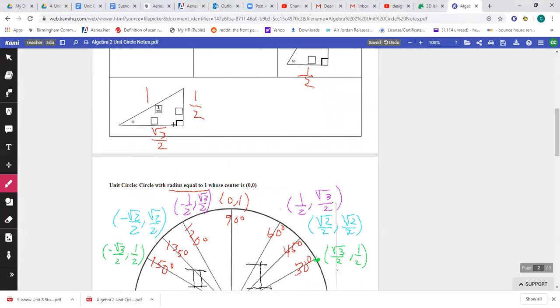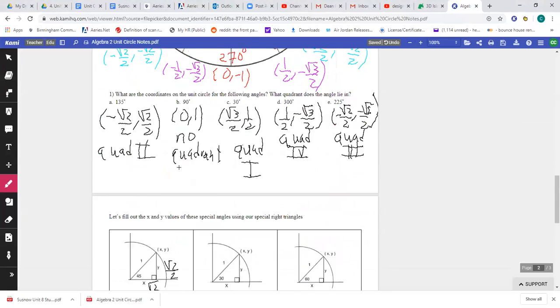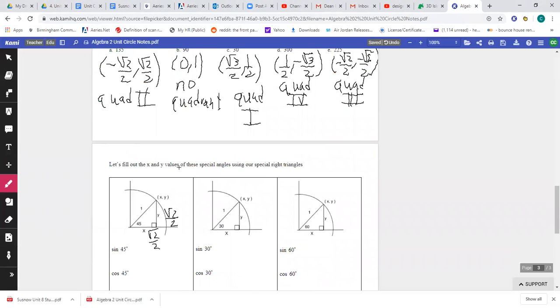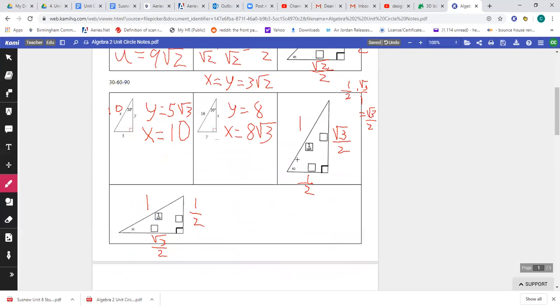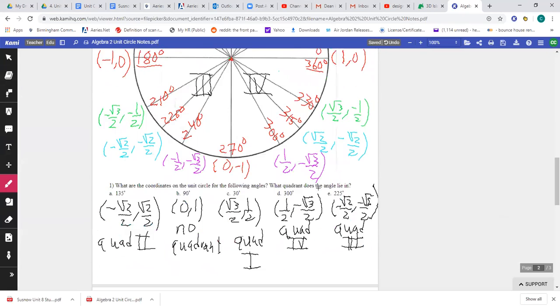The y is 1/2, and the x is root 3 over 2. And then the 60-degree angle is the same as the 30-degree angle, it's just reversed. So remember 60, the root 3 over 2 is the y, the x is the 1/2.